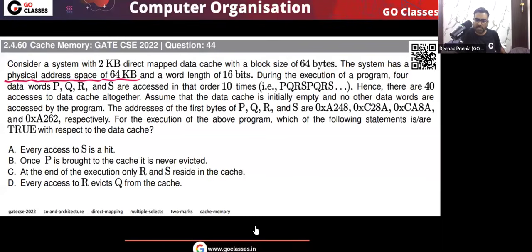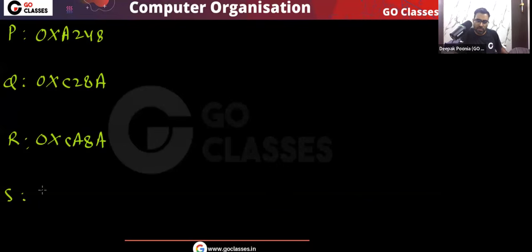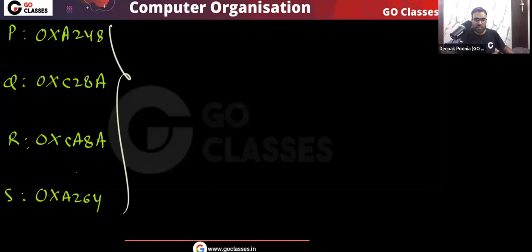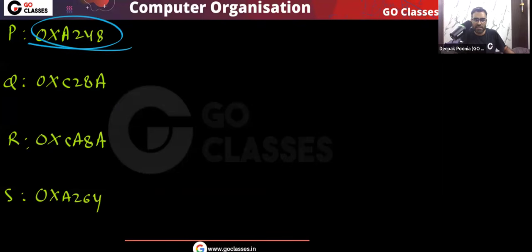And S is 0x A262. These are the addresses of the first byte of P, Q, R, S.